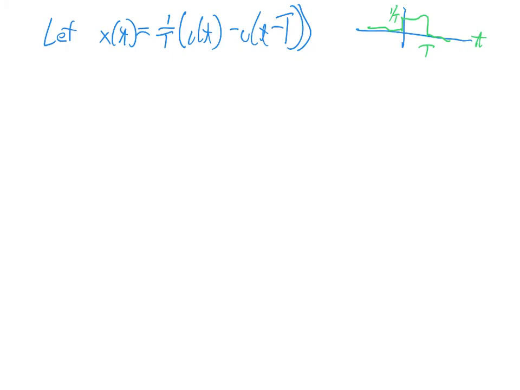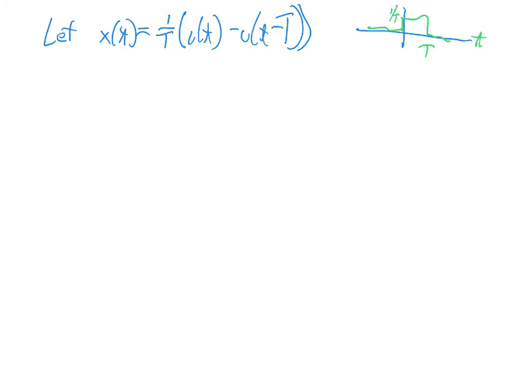Now we know that the circuit is linear, and therefore it obeys superposition. Let's first remind ourselves what the output is for a step function, because the input is really just the sum or the difference between two step functions.